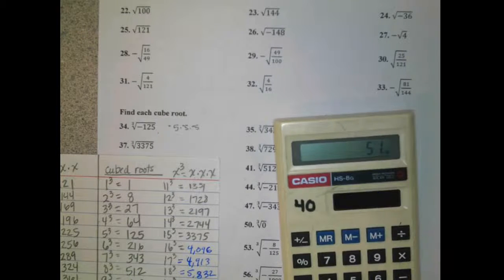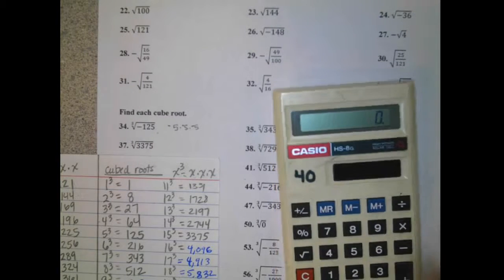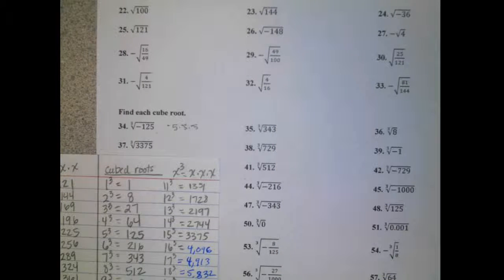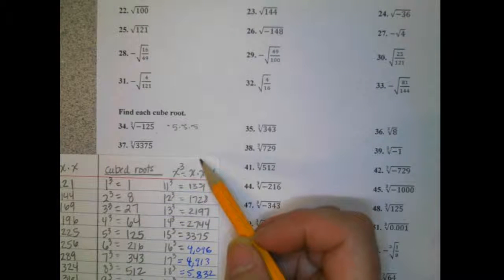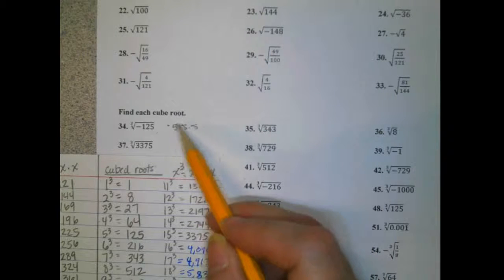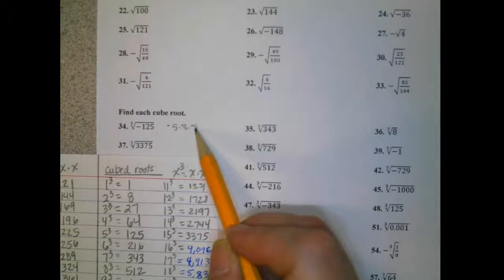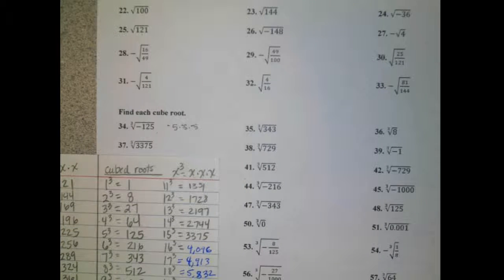So if I did negative 5 times negative 5 times negative 5, my answer is going to be a negative. Am I correct? Because this times this is a positive, right? A positive times a negative gives me a... What kind of answer do I get if I multiply negative times negative times negative?